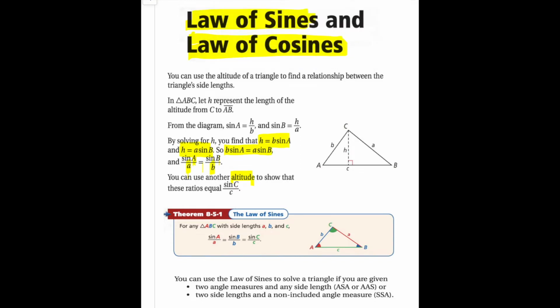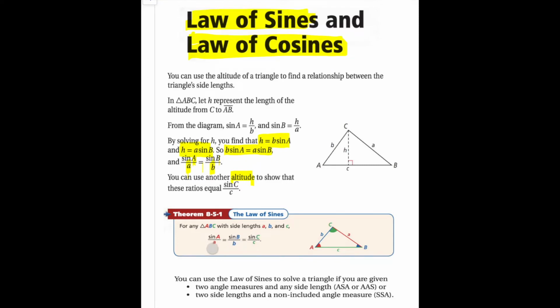What is the law of sines? For any triangle ABC with side lengths a, b, c, sin A over a is equal to sin B over b is equal to sin C over c.